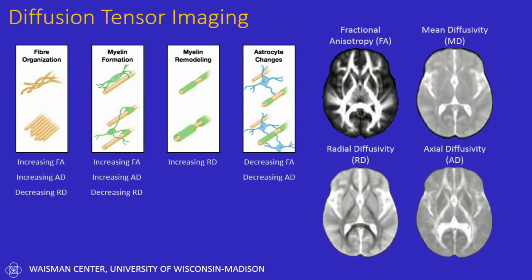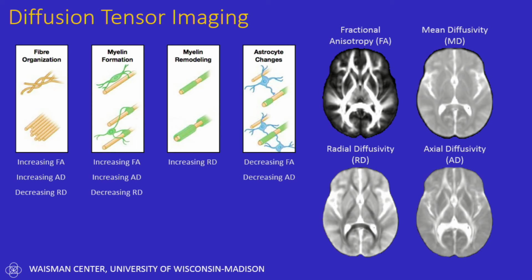And so while I've described diffusion tensor imaging as being this really nice imaging technique that provides detailed information, one limitation of this technique is that although it's really sensitive to that microstructure, it's very non-specific, meaning that there are different processes in the brain that could cause similar changes in these measures.